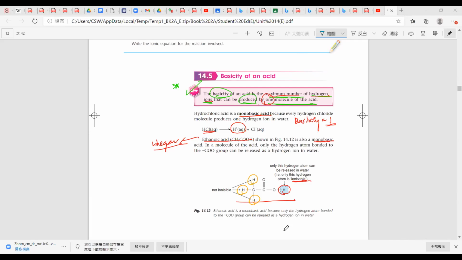Yes, very good. COOH. Now, COOH here is called the carboxyl group. It is what we call a functional group, a reactive site. It is the place where it will exhibit its main chemical properties. So for COOH here, why would the H easily be formed as a hydrogen ion? It is because the O here is more electronegative.